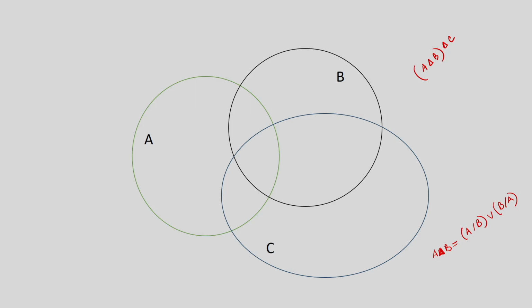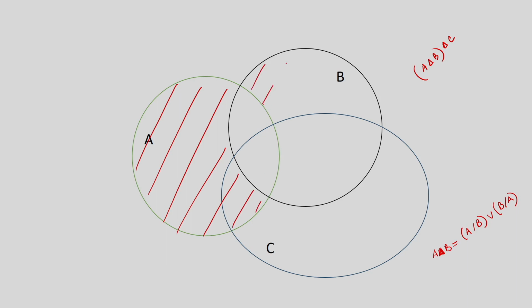So, that is what we have to show. First, let us try to find out this region A delta B and outside the brackets delta C. A delta B actually we have already found out, it was this region. This was A delta B.